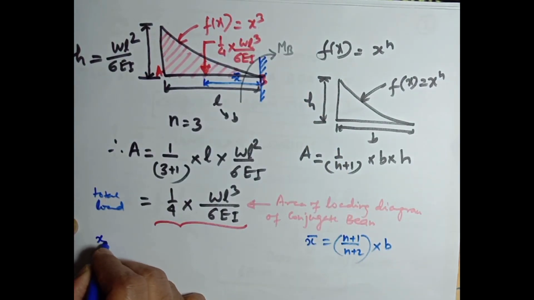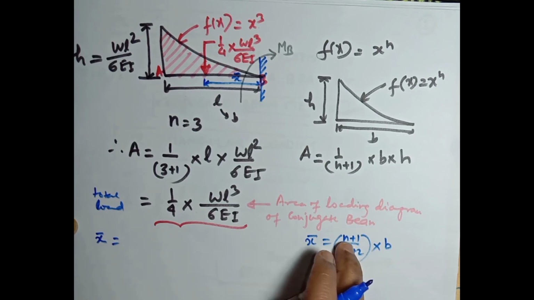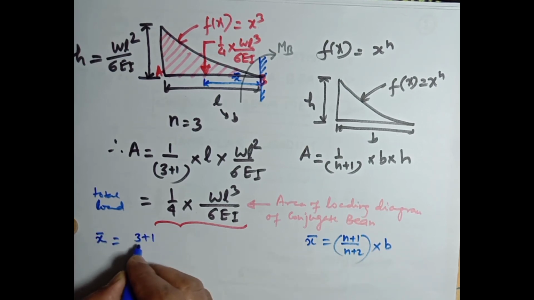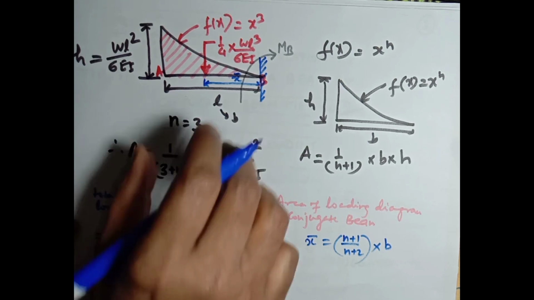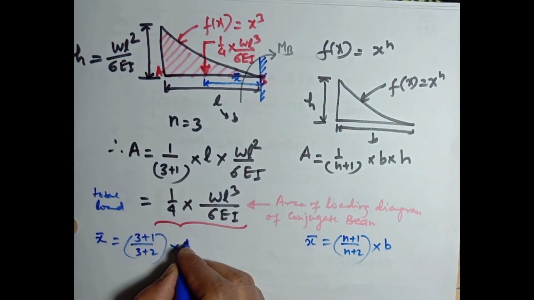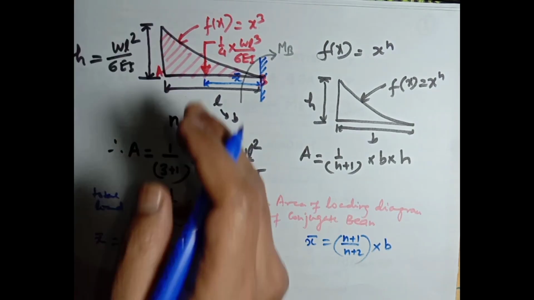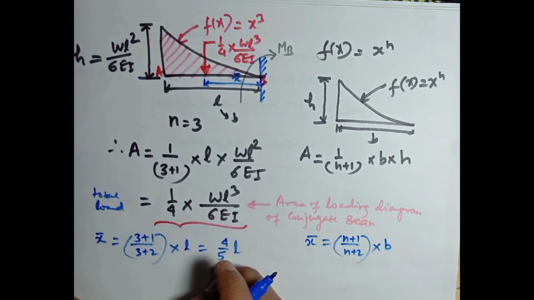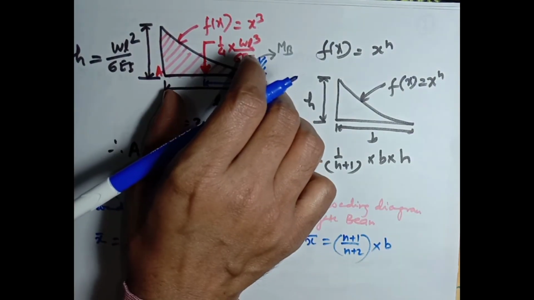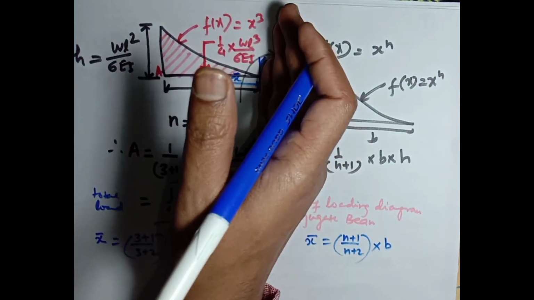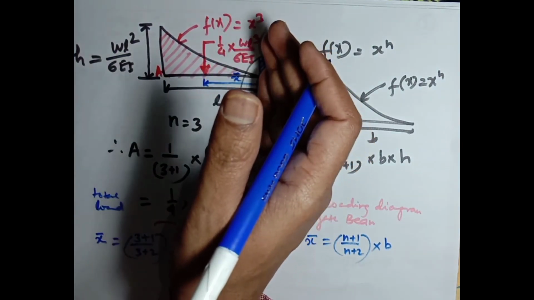So x bar will be, in place of n we put 3 plus 1, 3 plus 2, multiplying base length L, so it will be 4 divided by 5 into L. This is the centroidal distance of this loading. The total loading will be acting at a distance of 4 upon 5 L from the support, or you can say from point B.